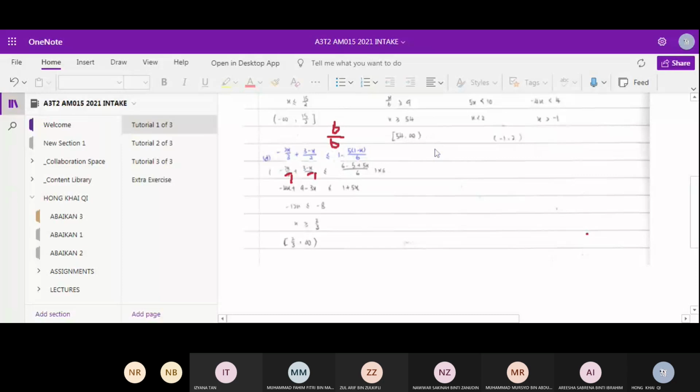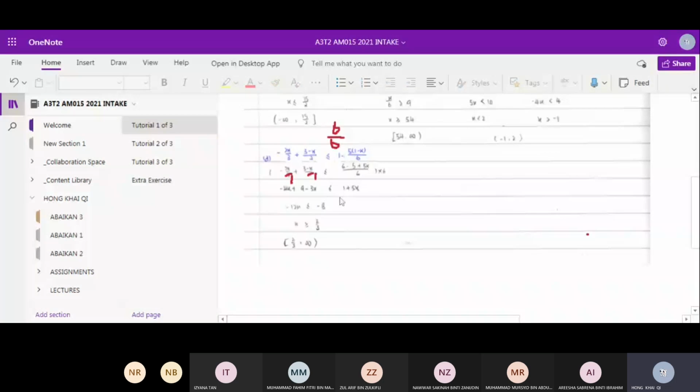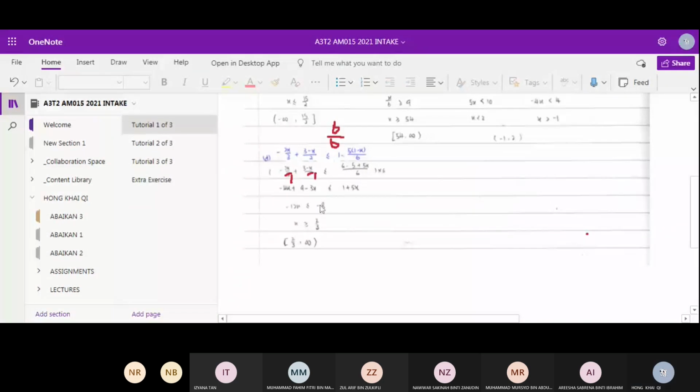Then we can solve it. Negative 4x minus 5x become negative 12x, and then less than or equal to negative 8. 1 plus negative 9 become negative 8. When we divide by something which is negative, the symbol will flip.